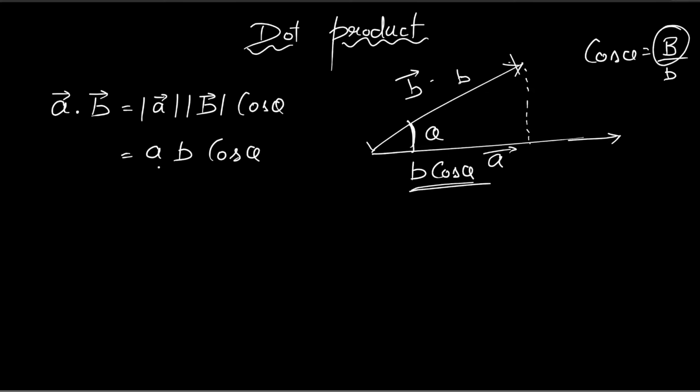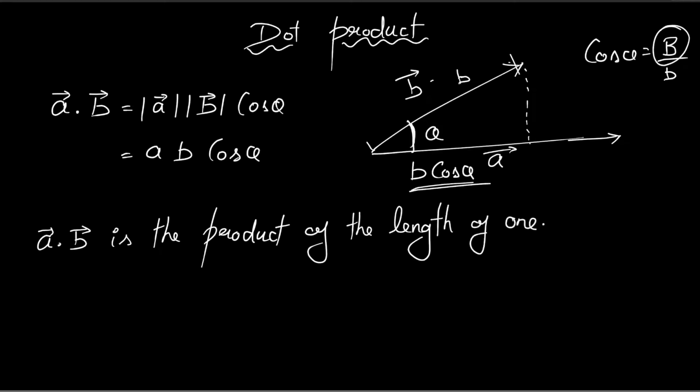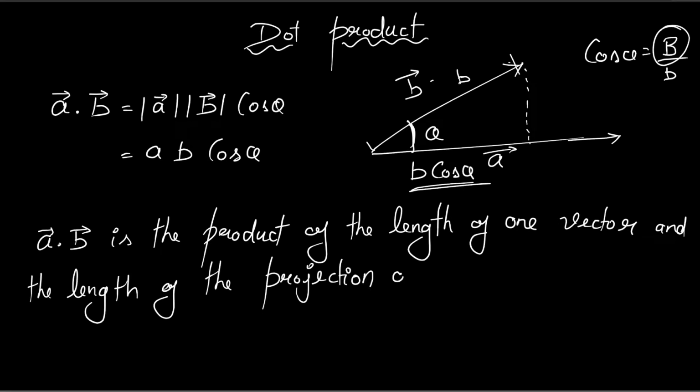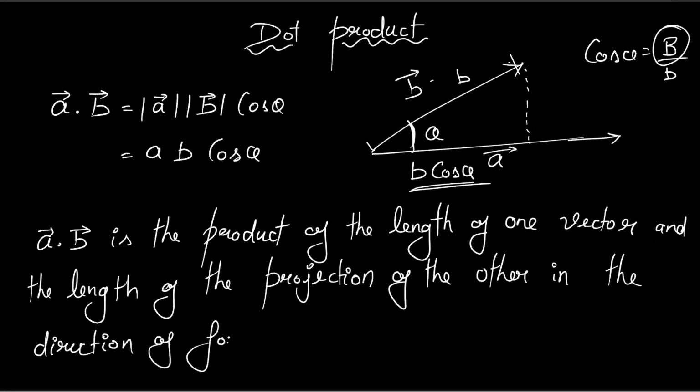The geometrical representation of A dot B is the projection. A dot B is the product of the length of one vector and the length of the projection of the other vector in the direction of the former.